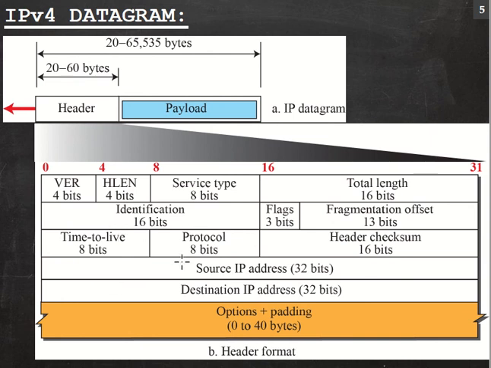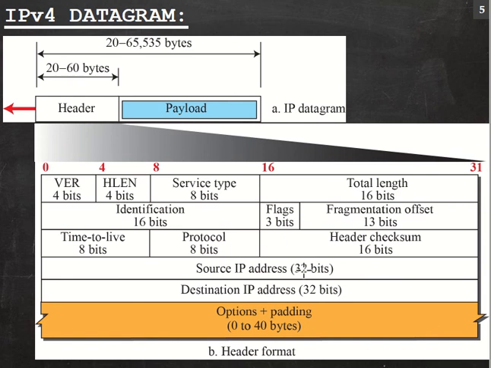Next one is the protocol, which kind of protocol is used, represented by 8 bits. Next field is header checksum. Once again, it is a checksum used to find errors. It is separate from the checksum used for the payload. This is represented using 16 bits.